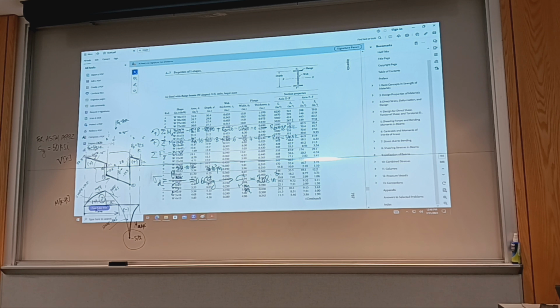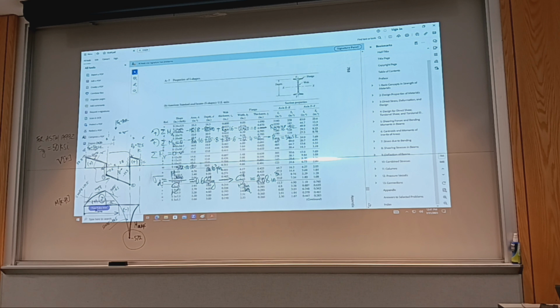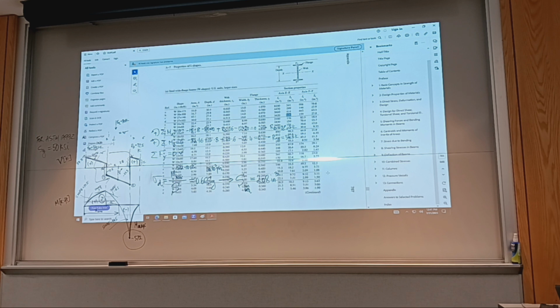It's pretty heavy. So yeah, this might be our solution. Anything else on the next page? I think it switches to metric. American Standard Steel. This is not the wide flange, so you need to stay with the wide flange as the problem requires. So yeah, we can go with W27 by 102.